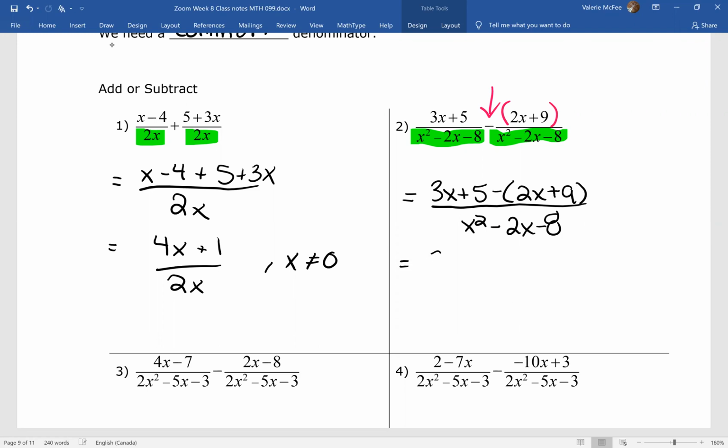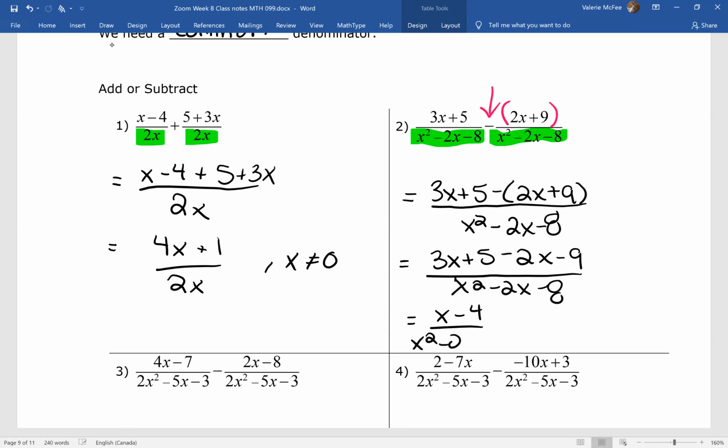Remember, when we were subtracting polynomials, that meant we have minus 2x minus 9 all over our common denominator. So this gives me x minus 4 all over x squared minus 2x minus 8.